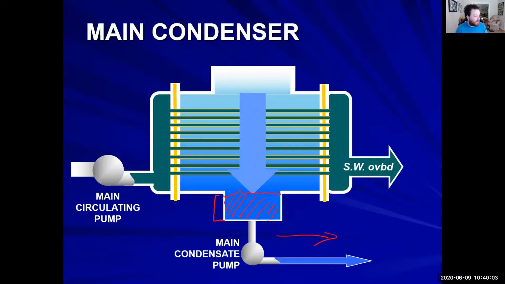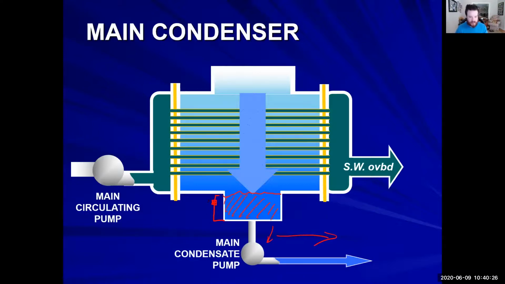This level in here is important for many reasons. The most important is that you don't want this main condensate pump to draw air. It's not a positive displacement pump, so it won't be able to reprime itself. If you lose that, the rest of the steam water cycle goes out.